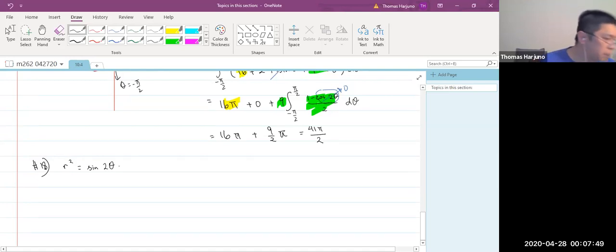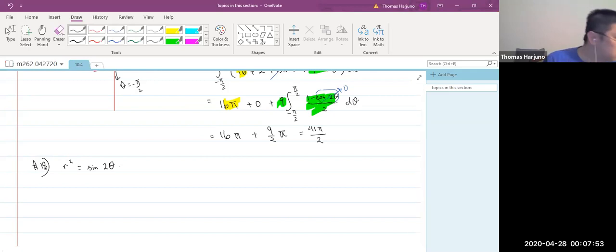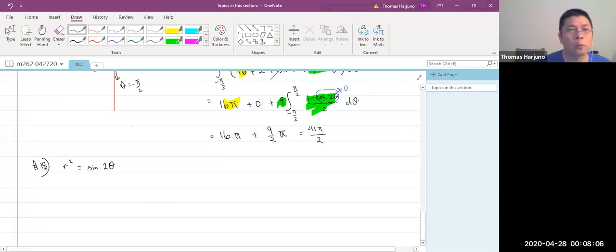Suppose number 18. I picked this question because I don't know what it looks like. The question is, find the area of the region enclosed by one loop of the curve. Now, if it makes one loop, then the loop must go from origin to origin.